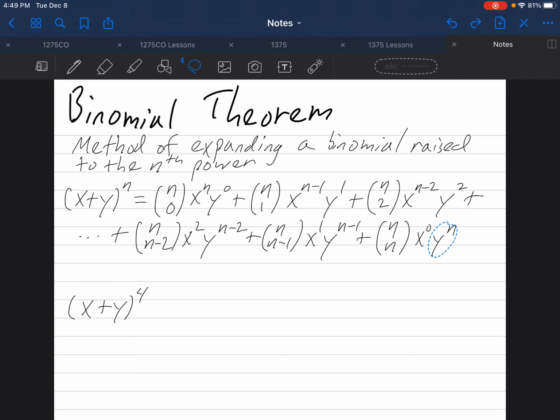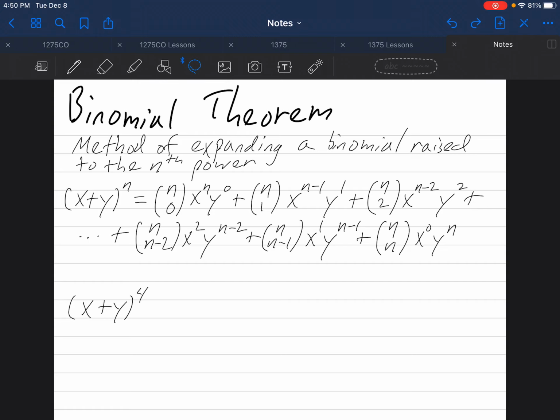Right, so what you're doing is writing out the entire expansion with this process of increasing these numbers by 1, decreasing other numbers by 1 at the same time.